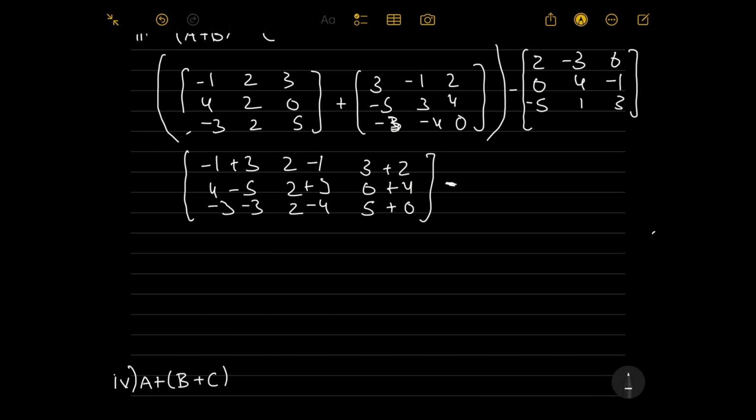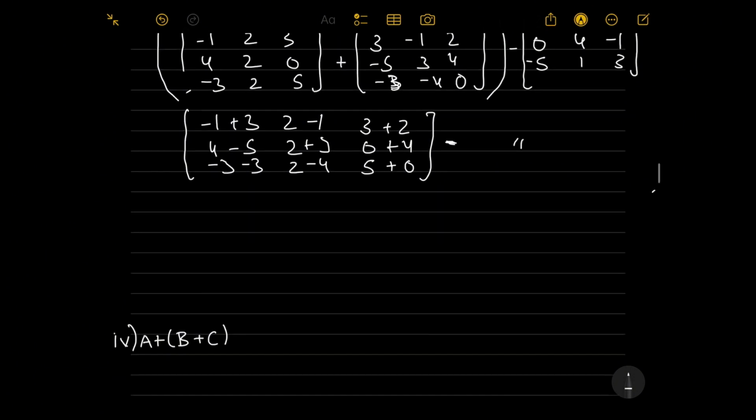and then just subtract this. We won't write it here. This will give us 2, 1, 5, minus 1, 5, 4, minus 6, minus 2, and 5.